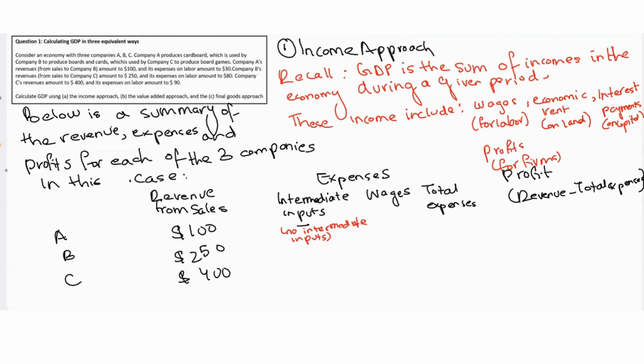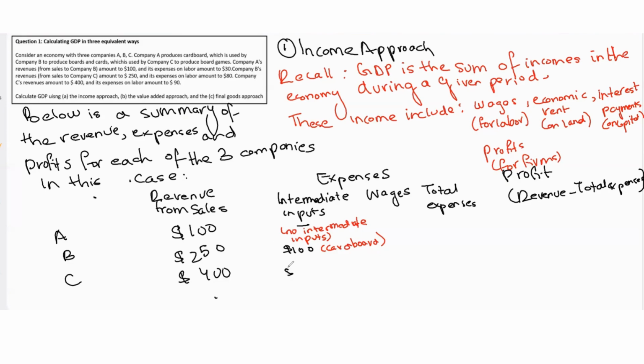For company B, we know it uses the cardboard produced by company A, so that's worth $100. So its intermediate input is $100 of cardboard from company A. And for company C, we know its intermediate inputs are purchased from company B. Company C purchases boards and cards from company B to produce board games.